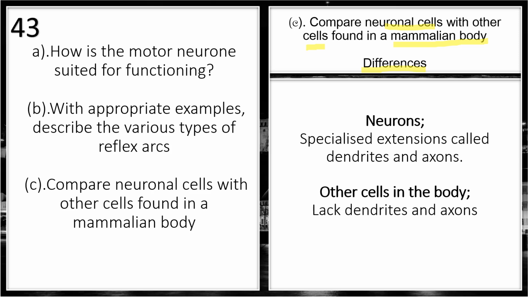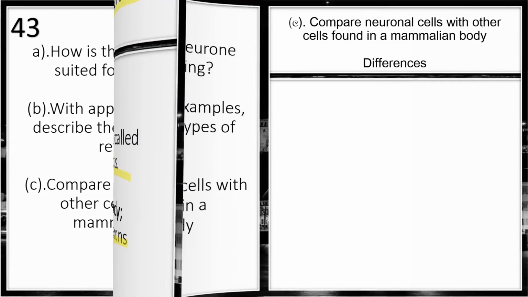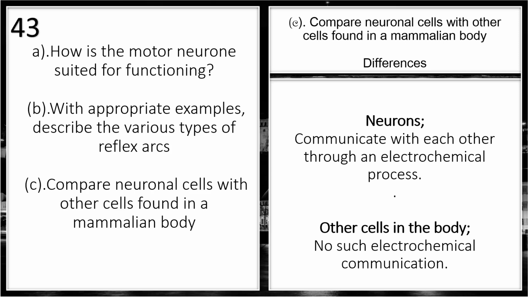Neurons have specialized extensions called dendrites and axons. Other cells of the body lack the dendrites and axons. Neurons communicate with each other through an electrochemical process.